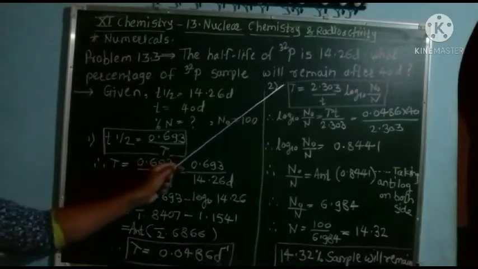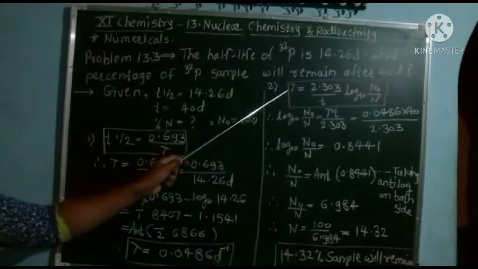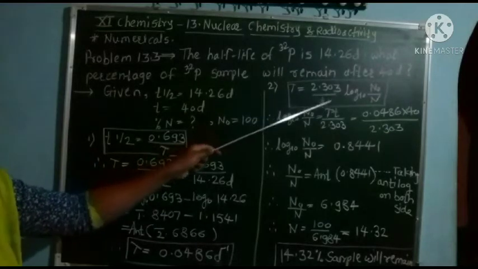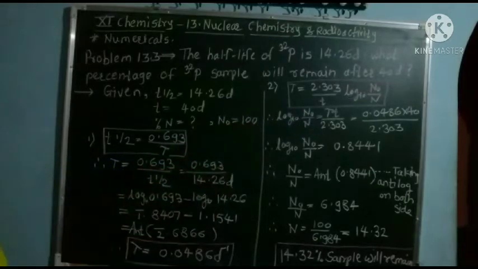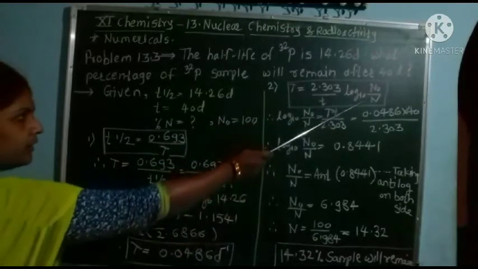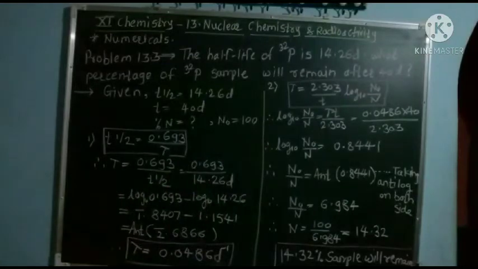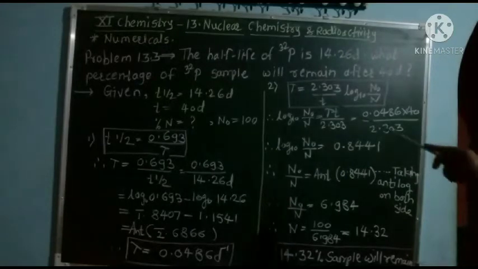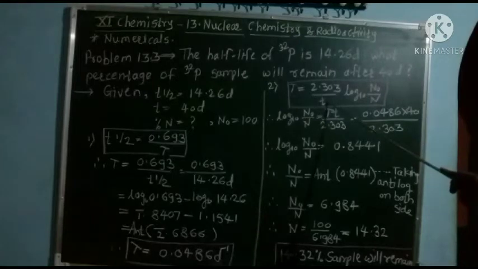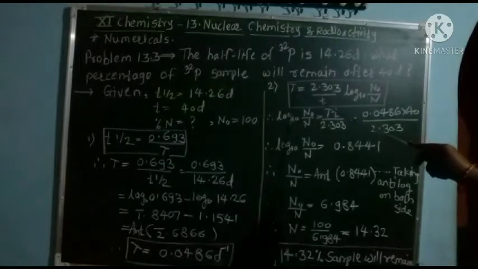So we will use the second formula, that is lambda is equal to 2.303 upon T, log to the base 10 N0 upon N. Now we have to calculate the value of this N. So for this, first we'll calculate the complete log term and then do the calculations. So log of N0 by N is equal to, here T is in the denominator, it will go to the numerator.